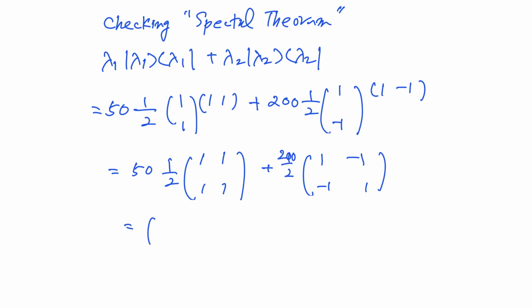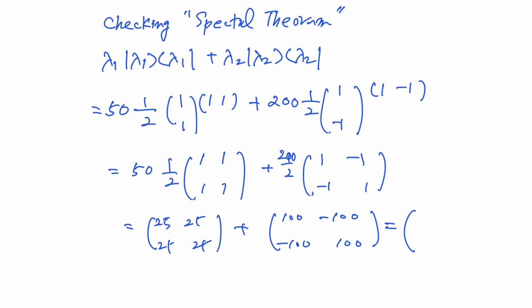So that is 25, 25, 25, 25, plus 100, minus 100, minus 100, 100, which is 125, minus 75, minus 75, 125, which is same as M.